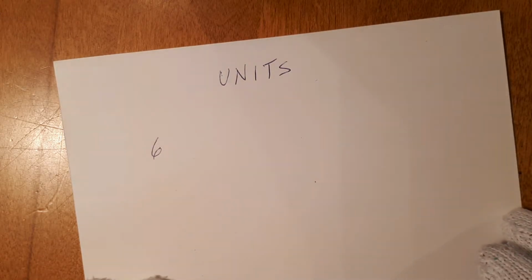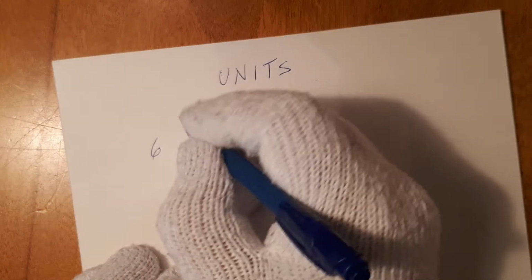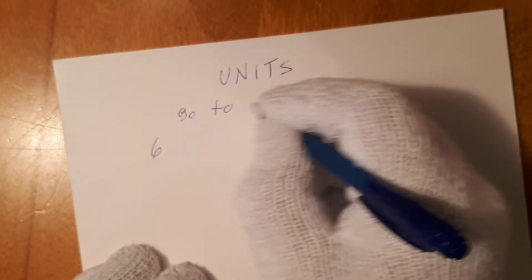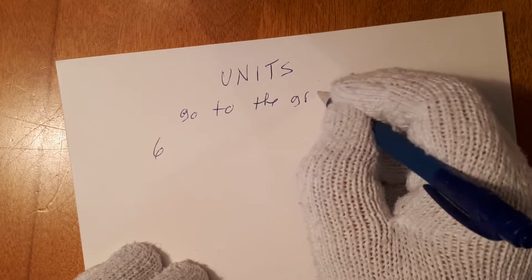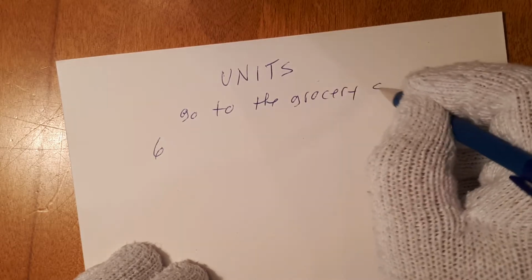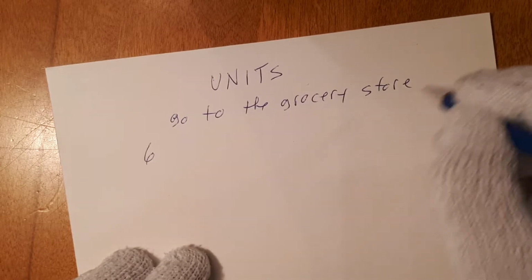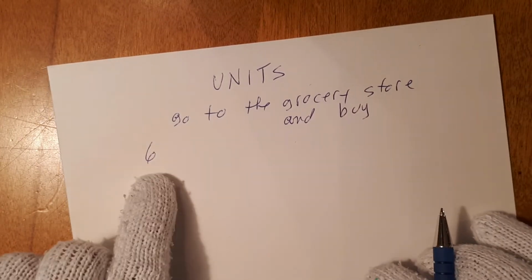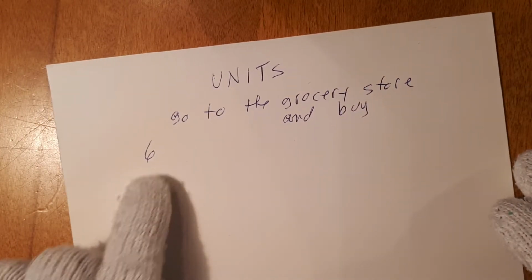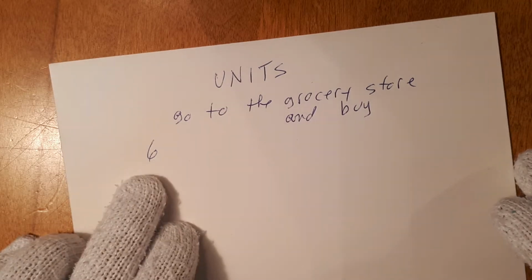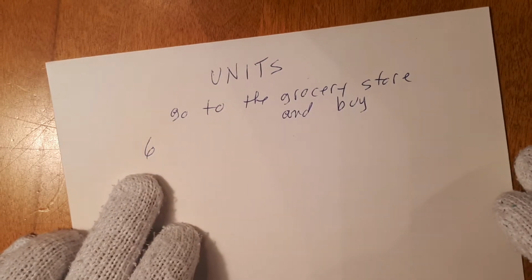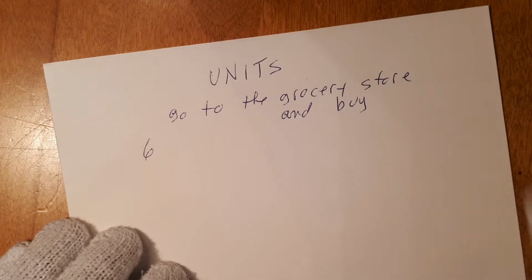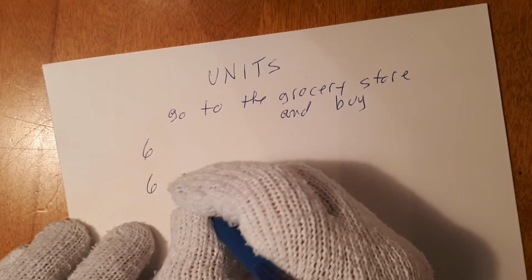If someone were to say to you, go to the grocery store and buy 6, the first thing that you would ask is, okay, I'm going to go to the grocery store, but buy 6 what? And the answer would be 6 apples.